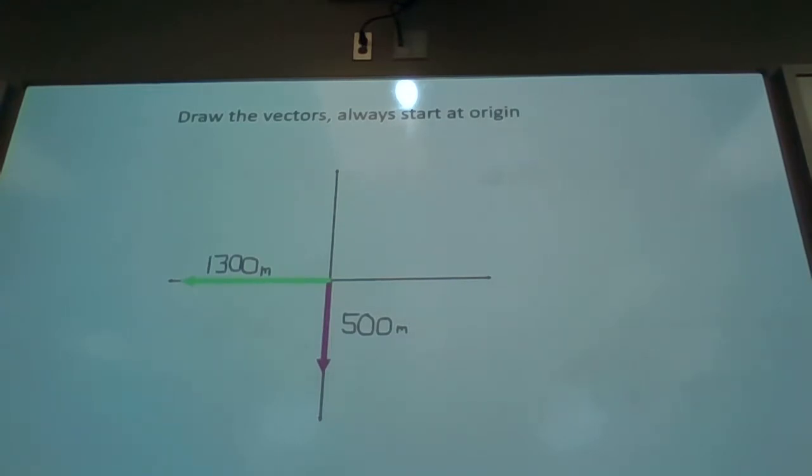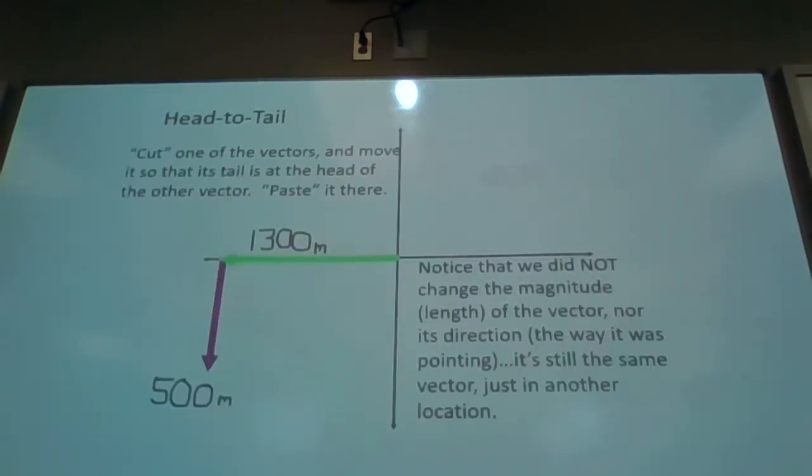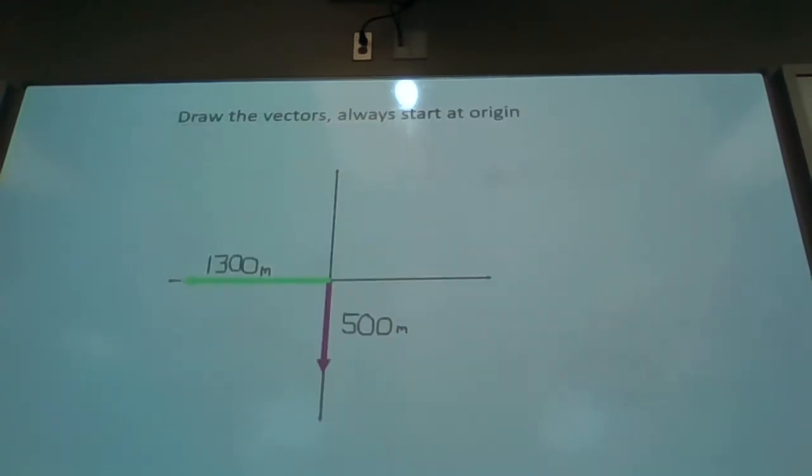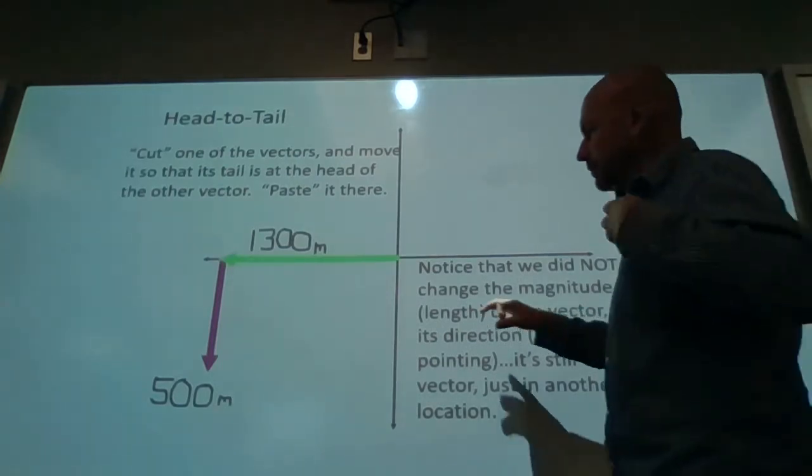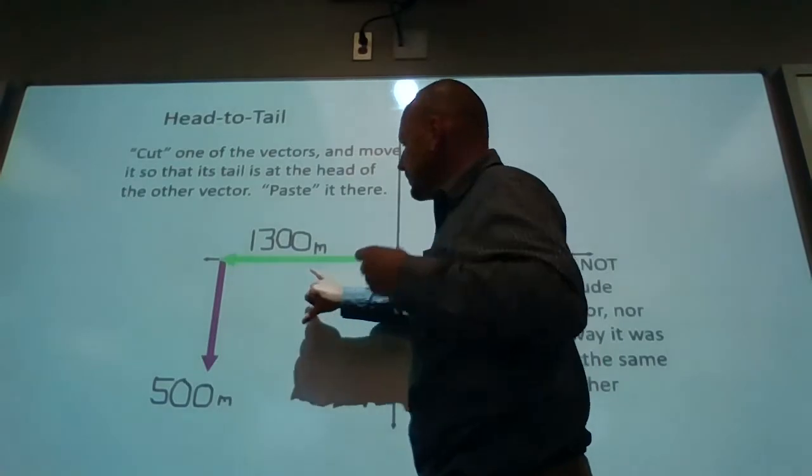And then what we're going to do is something called head to tail. So on a vector, this is like the arrowhead. This would be the tail. What we're going to do is we're going to move one of those vectors, in this case the purple, from here to here.